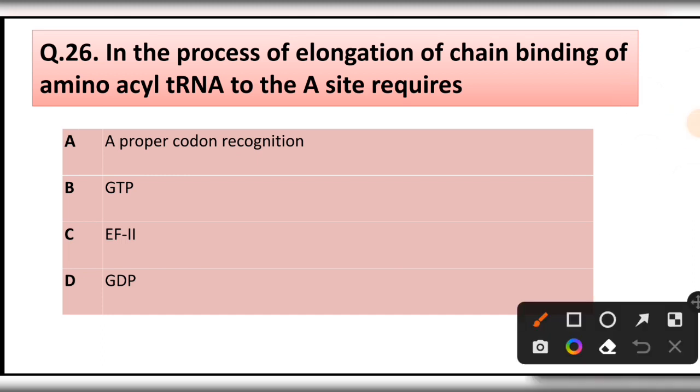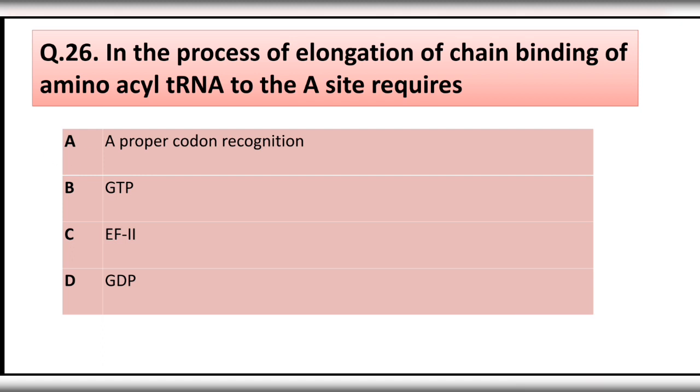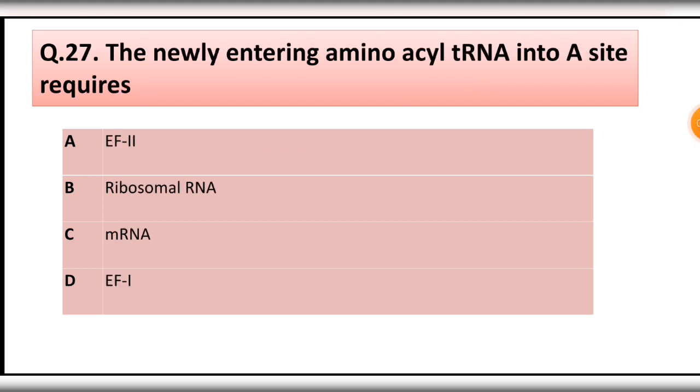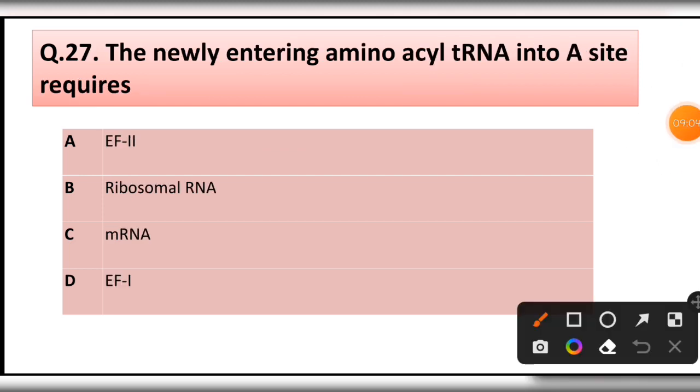26. In the process of elongation of chain, binding of amino acid tRNA to A site requires a proper codon recognition, GTP, elongation factor 2, GDP. Correct answer is option A, a proper codon recognition. 27. A newly entering amino acid tRNA into A site requires elongation factor 2, ribosomal RNA, mRNA, elongation factor 1.